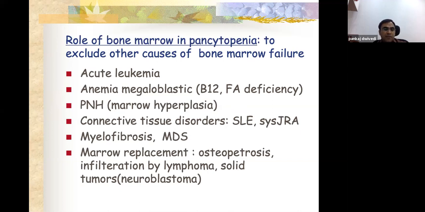Lymphoma may be found at a peripheral site, but in higher stages it can infiltrate the marrow, and solid tumors like neuroblastoma can also involve the bone marrow. You will find pancytopenia in the periphery. That will only tell you that pancytopenia is there, but when you examine the marrow, there are neuroblastoma cells. Then you find where the primary for the neuroblastoma is.